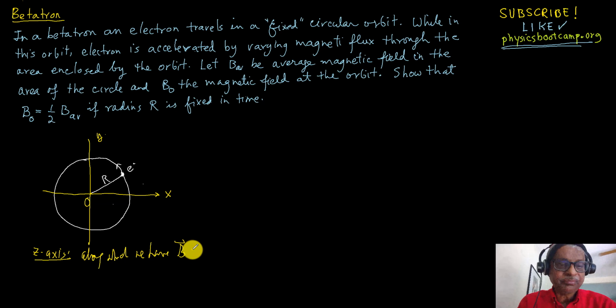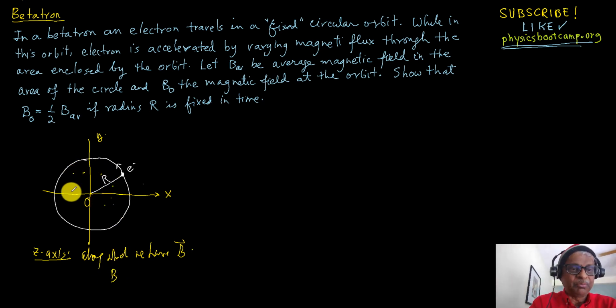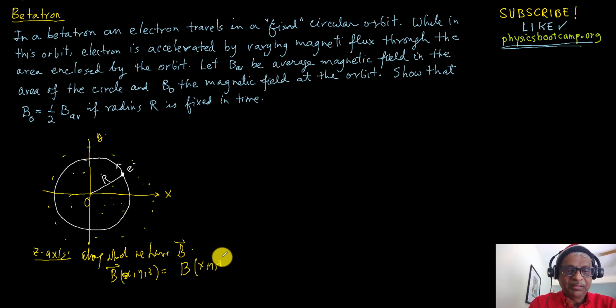At any point over here, the B is pointed like this, coming out. So the B vector will be simply some B(x, y, z), but in terms of k hat. So it's going to be like that.